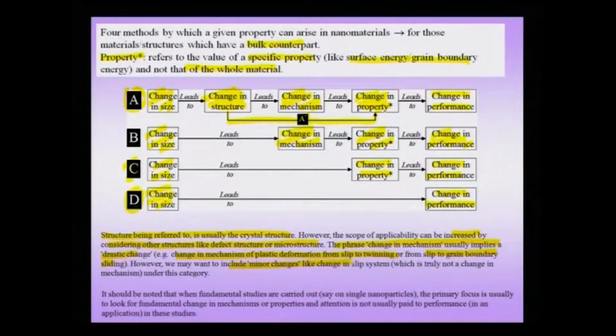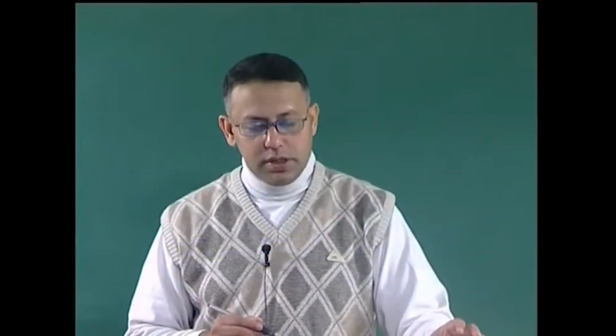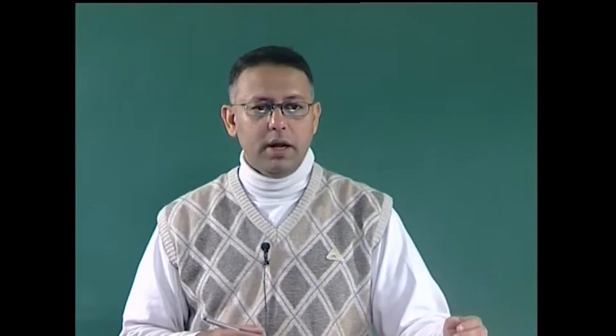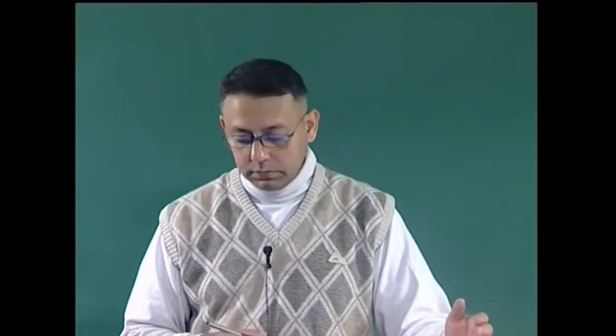However, minor changes like slip changing system, which is truly not a change in mechanism, can also be brought into this category. But while listing the change in, for instance, mechanism, we may want to say that when you had a macro scale system, plastic deformation was dominated by slip, and when I went to, for instance, a 50 nanometer grain size, it could actually be dominated by grain boundary sliding or by twinning.